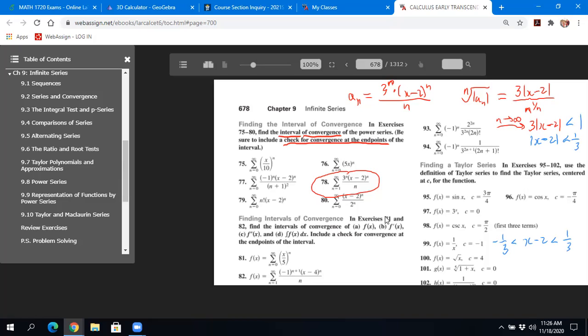Which means that x, excuse me, is between where and where? Yeah, x is between 2 1/3, which is 7/3, and bigger than, okay, so it's going to be 2 minus 1/3, which is 5/3.